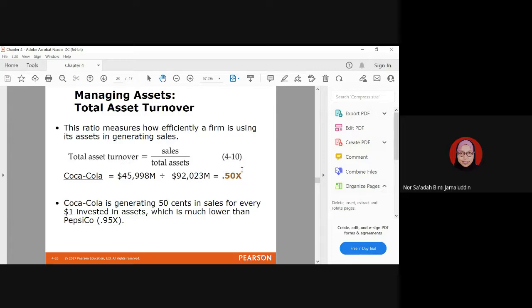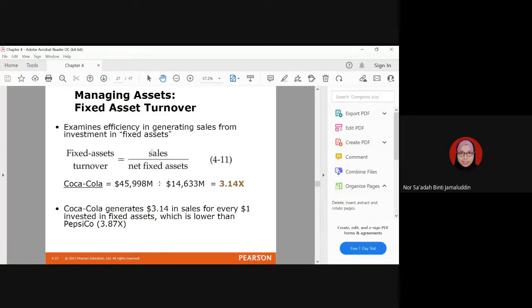So Coca-Cola is generating 50 cents in sales for every RM1 invested in assets, which is much lower than Pepsi, because every ringgit invested in assets in Pepsi generates 95 cents. So Pepsi is much better than Coca-Cola.